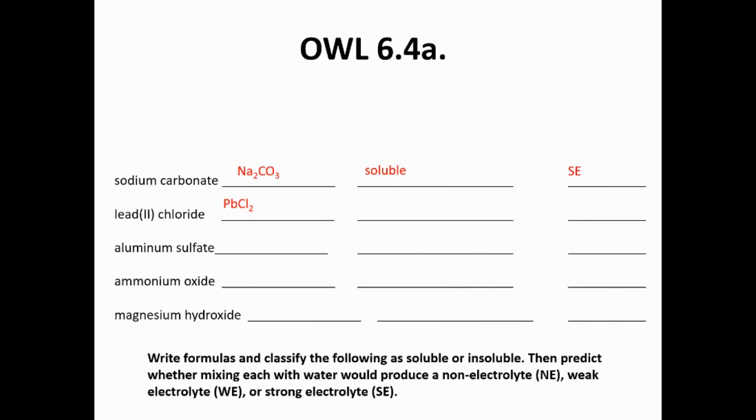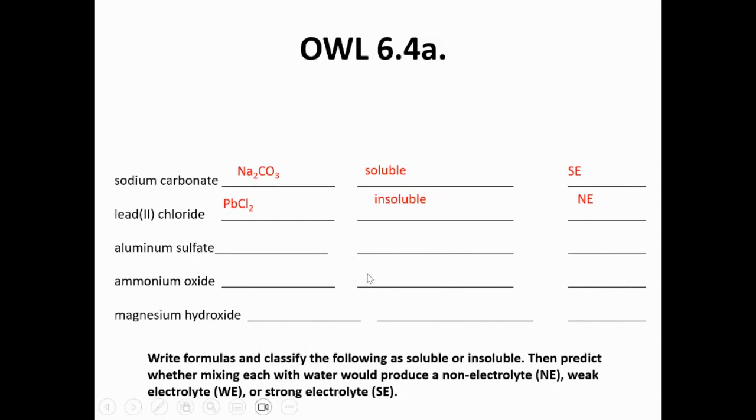And there we have an insoluble exception with lead. Therefore, lead 2 chloride is insoluble. Now that we know it's insoluble, we look at its electrolyte behavior, and we learned that insoluble salts are non-electrolytes. Does that make sense? Let's go to the next one.